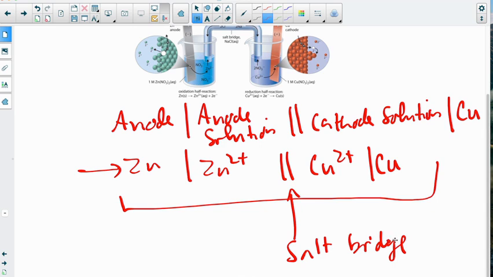You could be asked to provide the cell notation for a voltaic cell. And like I said, it's basically anode, separated by a single line, anode solution. Now you could have put zinc sulfate, or you can put zinc 2 plus ions, that's fine. Double line separates the two. That's your salt bridge, then cathode solution, and then your cathode.